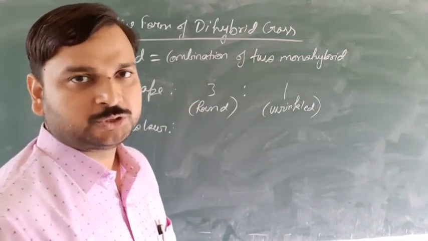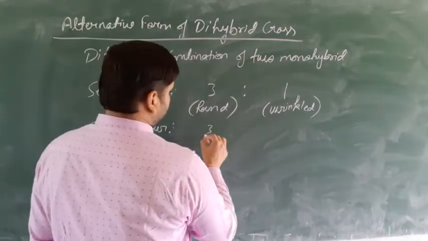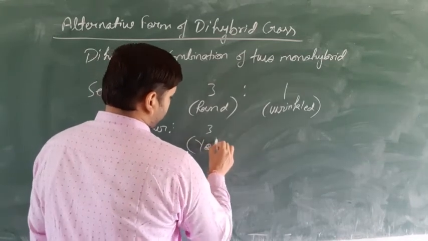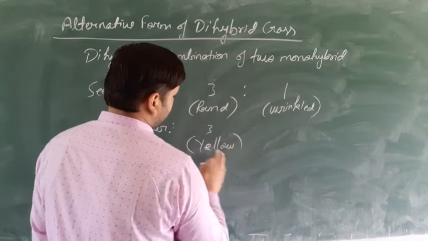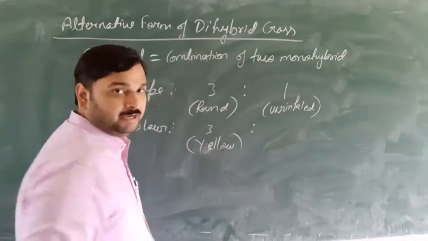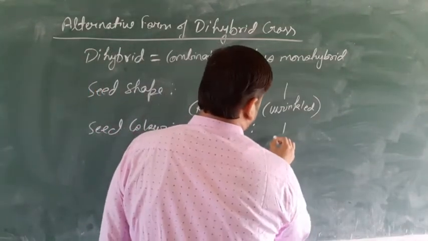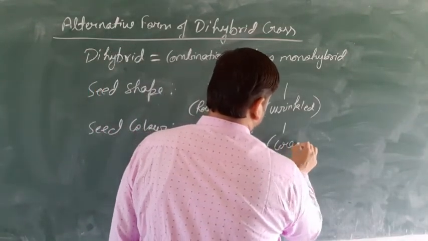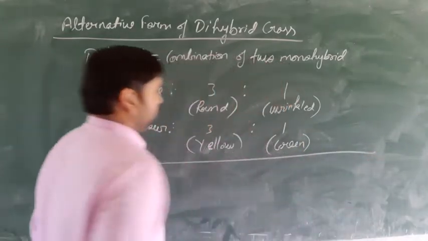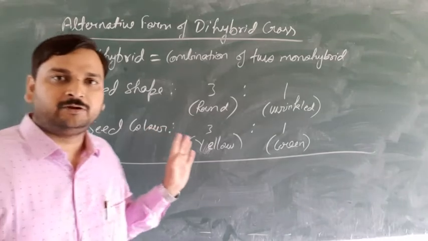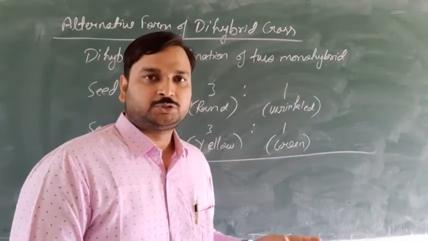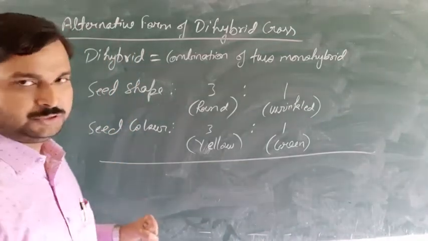Here also it will be 3:1, 3 will be yellow and 1 will be green. Now you can see we are seeing the inheritance patterns of two characters together.